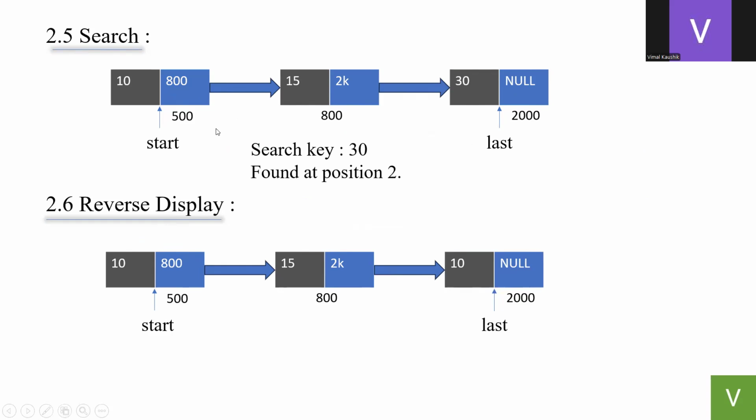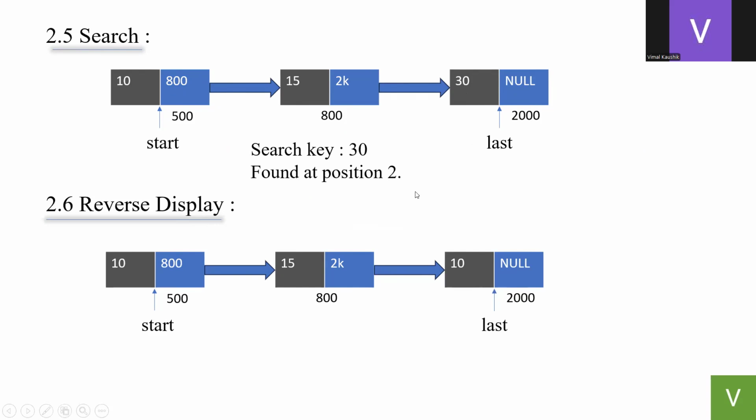Now the searching operation. Suppose we want to search for a key element 30, we will start with the starting element and move to the corresponding next element through its link. While the corresponding element is not equal to null, we will keep on searching the elements. If the element is found, we will return its position.